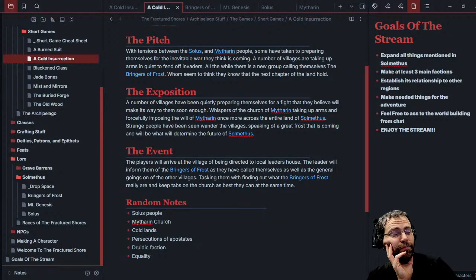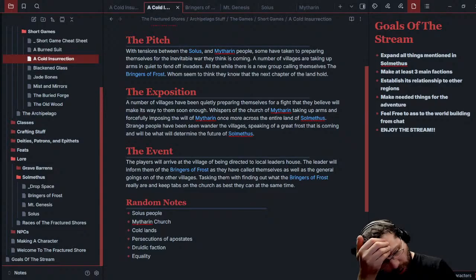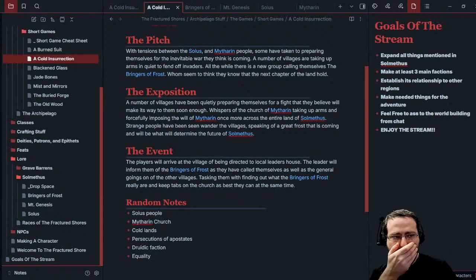Hold on. I've been using Latin, like Roman Latin, for Draconic, so that actually doesn't fit. I can't use Latin. It needs to be a different language.